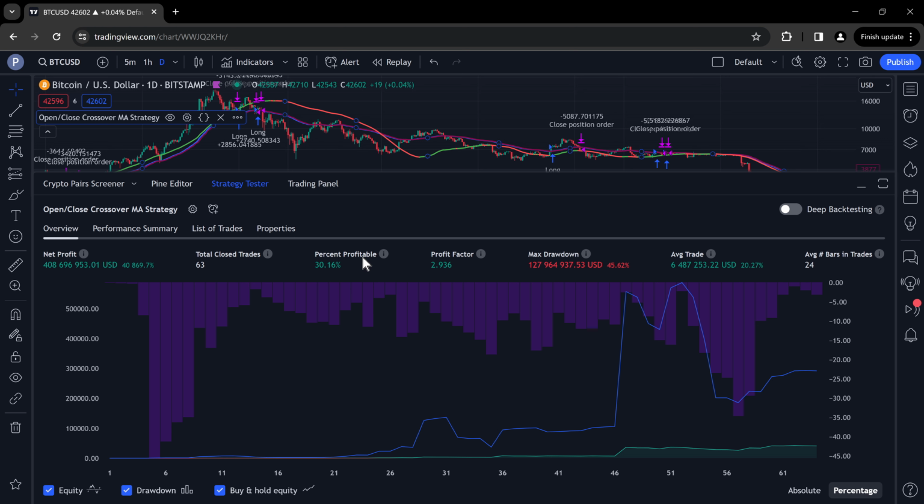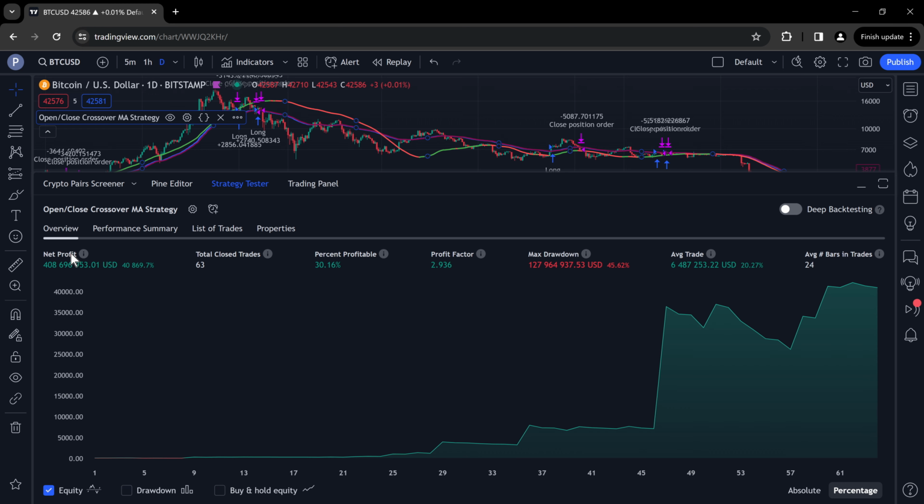So let's overview the strategy's main backtest performance statistics displayed at the top of the tab. So all these are the main performance statistics. Let's review each one of them, and I will explain what these specific performance statistics mean.